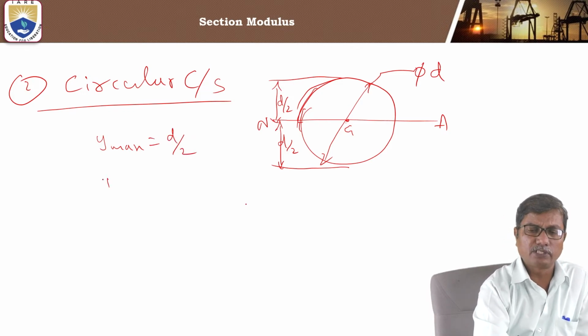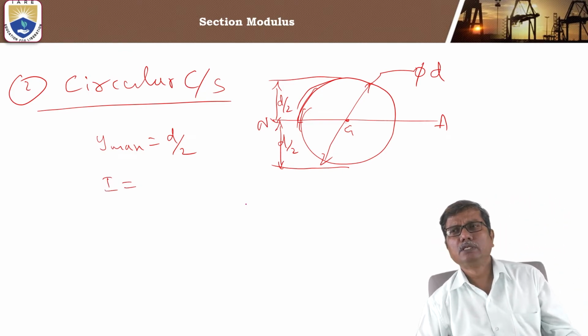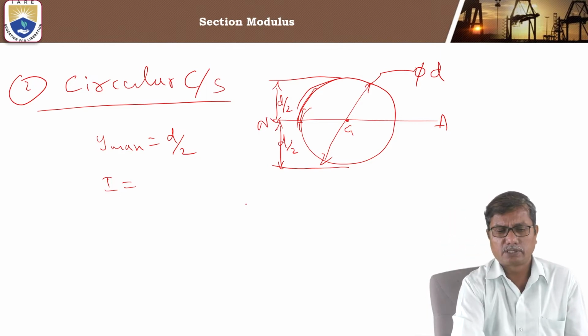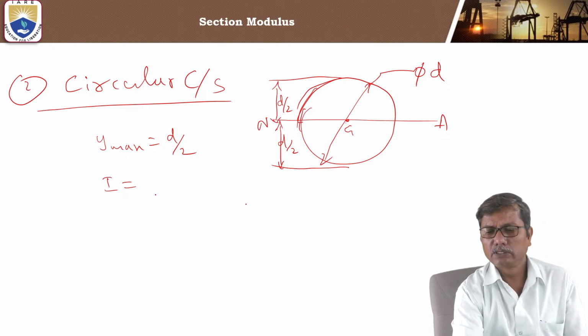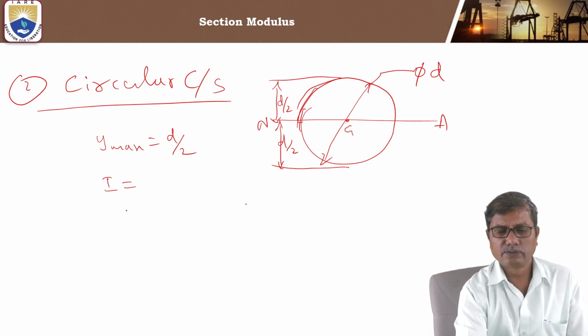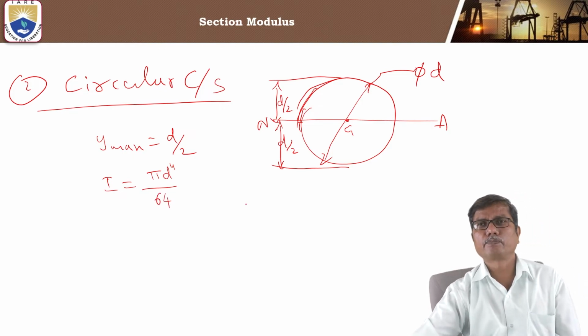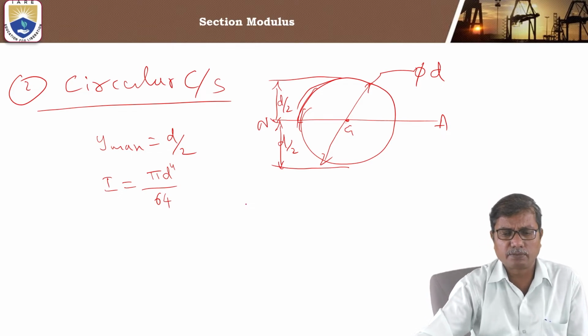And how about the moment of inertia for a circular section? You might have studied it, but I'm not going to derive it. Its moment of inertia is pi d power 4 by 64.